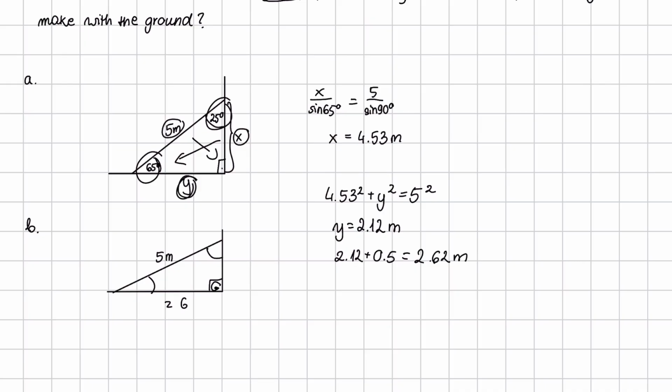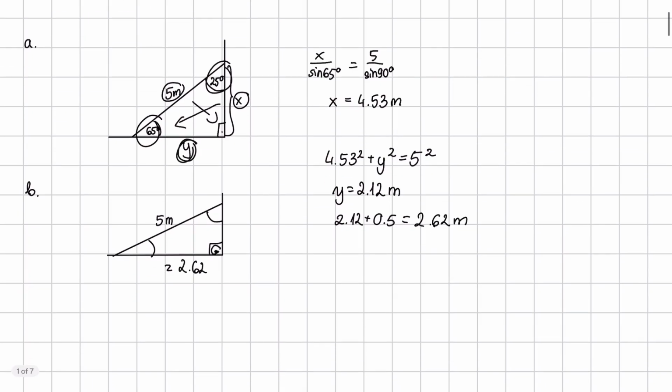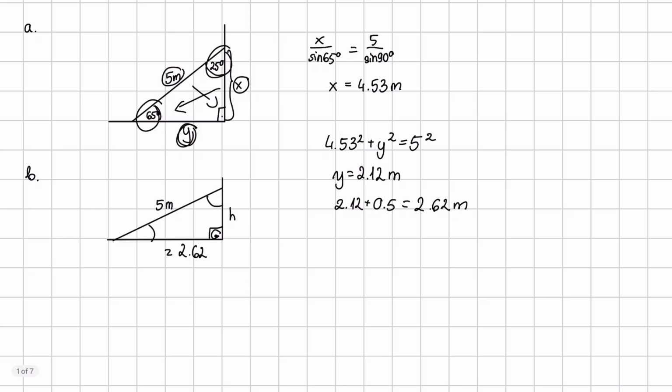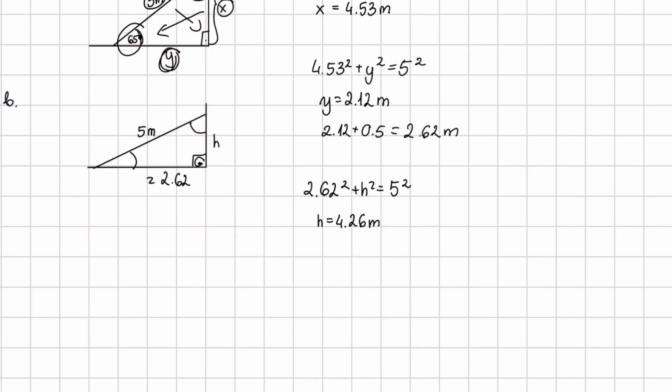So 2.62, and of course we can calculate also this height. So also from the Pythagorean theorem, 2.62 squared plus h squared equals 5 squared, and h is 4.26, so 4.26 meters, and we are looking for this angle because this is the angle that the ladder makes with the ground.